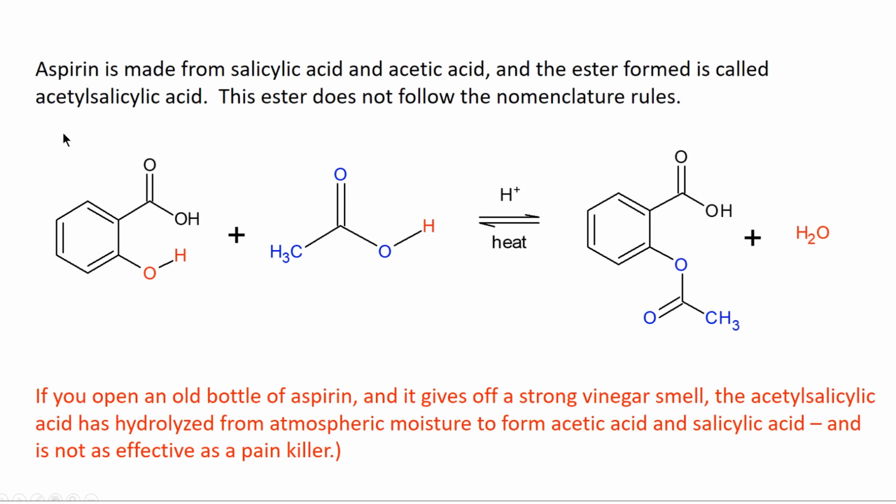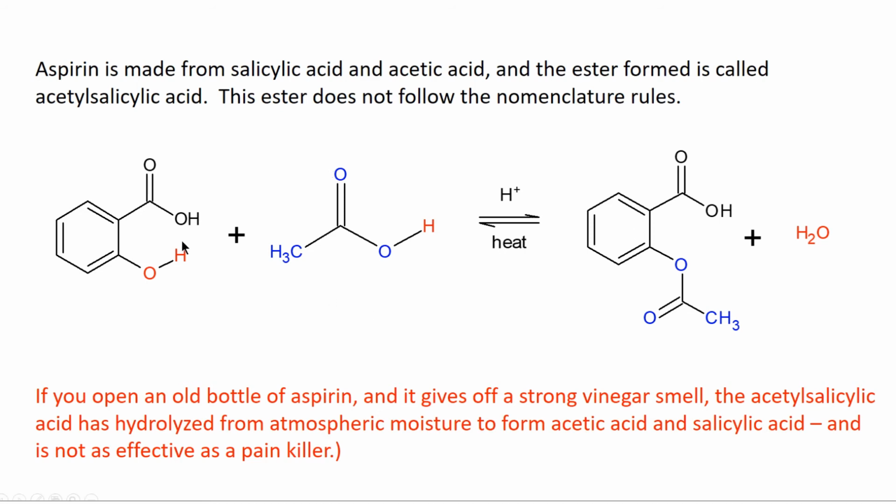But in the salicylic acid, this is the alcohol where we react it with acetic acid, or the way that IUPAC would name it is 2 carbons, ethanoic acid. So we have our carboxylic acid reacts with the alcohol portion on salicylic acid to form aspirin, where aspirin, the compound name is acetyl salicylic acid. Again, this is the common name, not the IUPAC name, so I'm not going to test you on this.